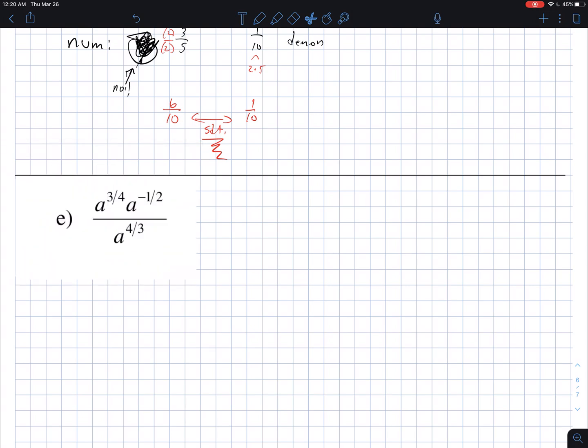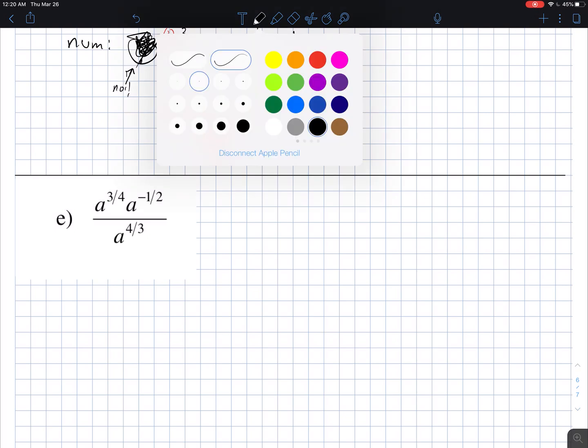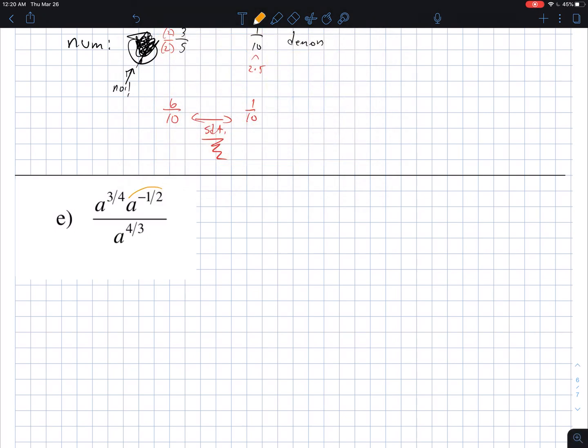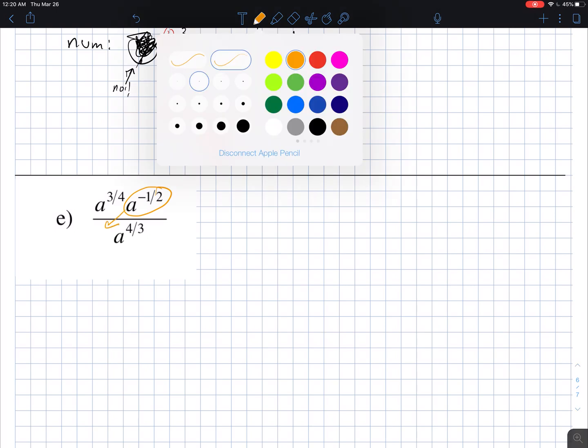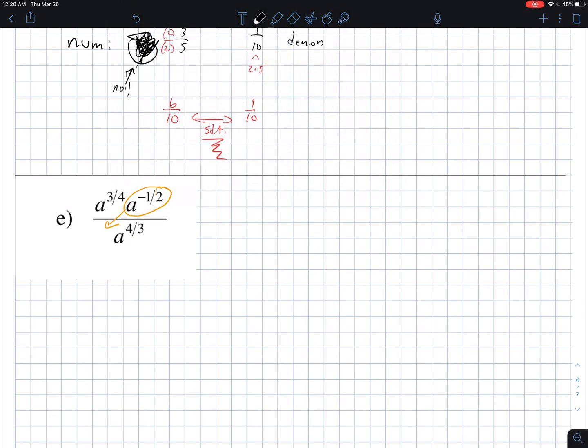Okay. So very first thing, rewrite everything with positive exponents. The only thing here with a negative exponent is this a, and it's a to the negative 1/2 power. So that guy is going to shift down there, right? We're just taking the reciprocal.